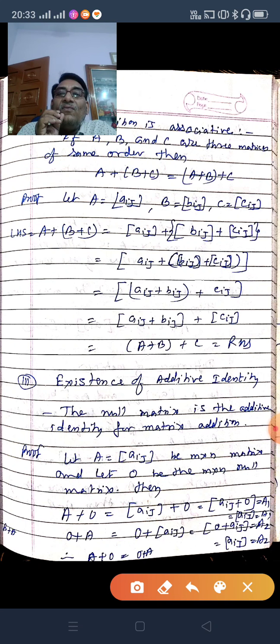Now the third property: existence of additive identity. The null matrix is the additive identity of matrix addition.